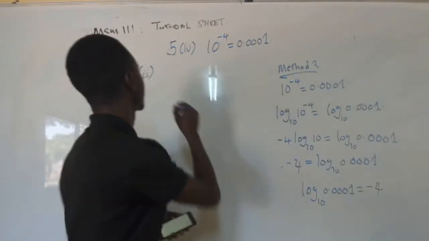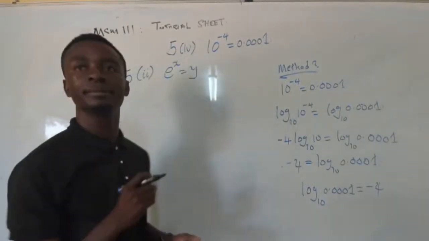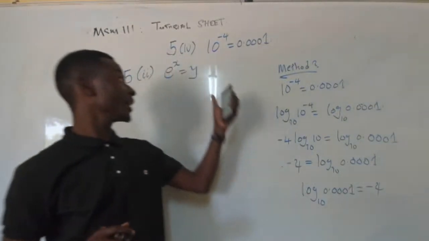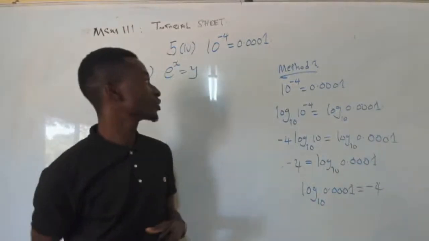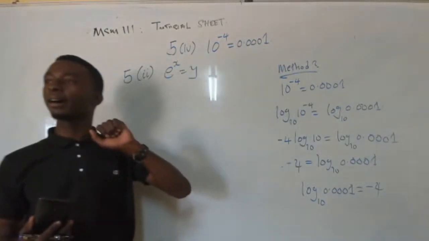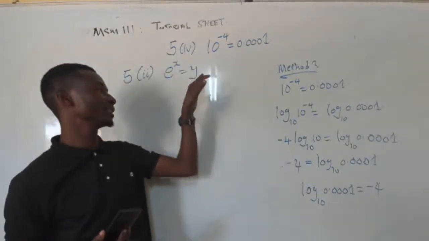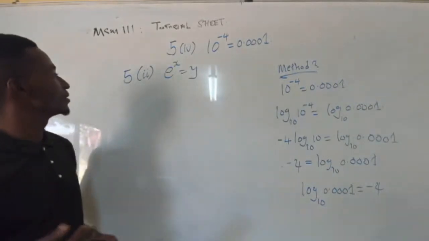We have e to the power x equal to y. So meaning our base is e, our exponent there is x, and our final answer is y. So now let's do it.